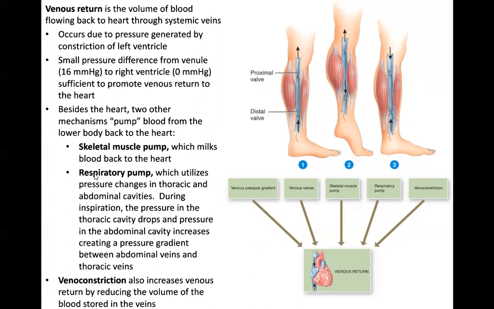We also talked about the respiratory pump, using pressure changes in our thoracic and abdominal cavities when we breathe, dropping pressure in our chest below pressure in our abdomen, which helps bring that blood up, or in the case of lymph, up towards our chest, towards our heart. And then something I mentioned, not a super promoter of this, but venoconstriction helps by reducing the volume of blood stored in our veins to return it back to the heart. So all those different things discussed here promote venous return.